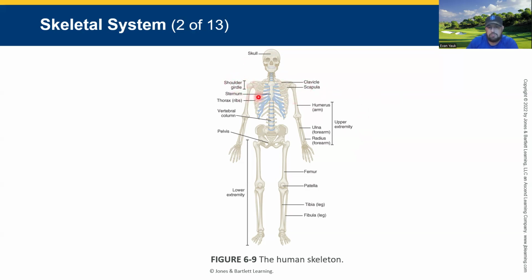We have our sternum, which everybody knows what that is. Thoracic ribs. We have our vertebrae column. We have our pelvis. Come down here, lower extremities. Up here, arms, upper extremities. We break that down a little further.